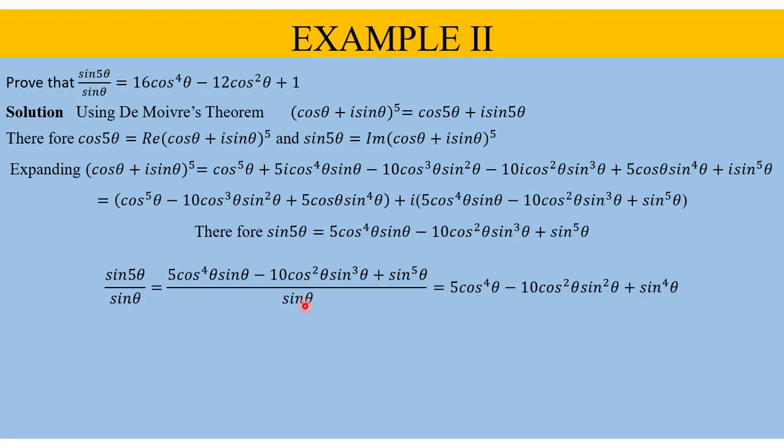So we reduce sin theta once. If we also reduce once here, we remain with sin squared theta. So also reduce once and remain with sin power 4 theta. This becomes 5 cos power 4 theta minus 10 cos squared theta sin squared theta plus sin power 4 theta.